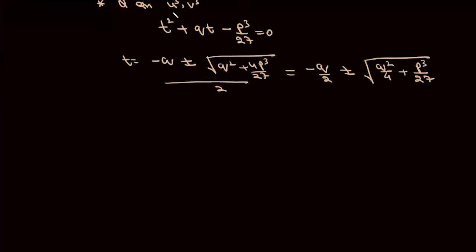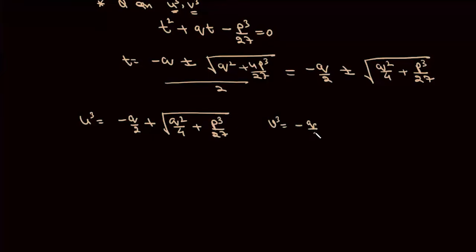Now the roots are u cube and v cube. So we can write u cube as minus q by 2 plus under root of q square by 4 plus p cube by 27, and v cube as minus q by 2 minus under root of q square by 4 plus p cube by 27.